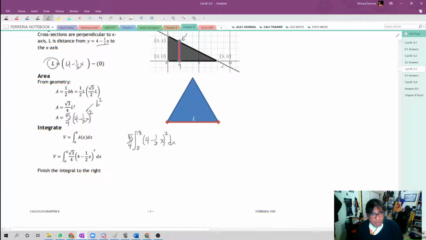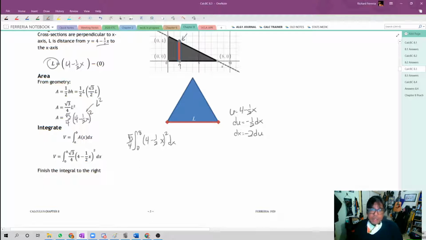And the way I'm going to choose to do this, and you can do your integral any way you like as long as it's correct, I'm going to say u is equal to 4 minus 1/2 x. That makes my du equal to negative 1/2 dx, or my dx equal to negative 2 du.